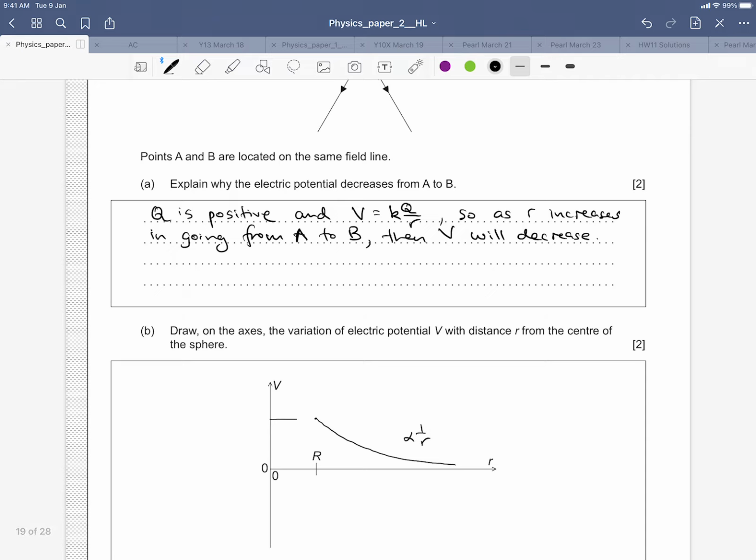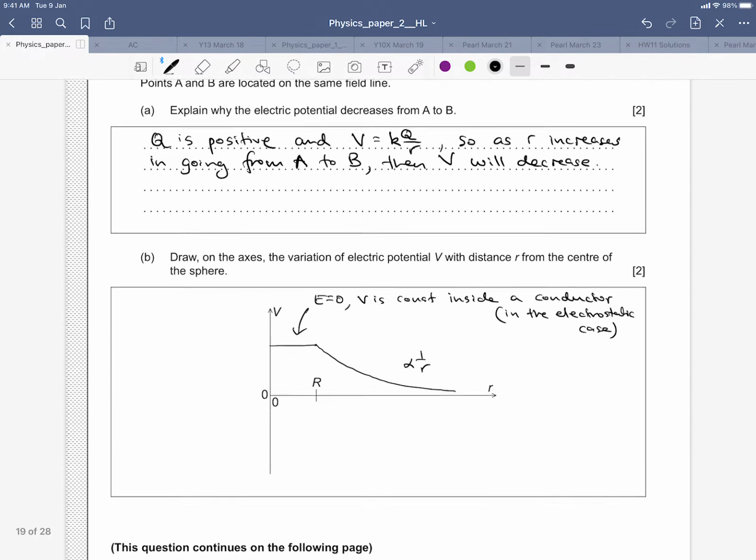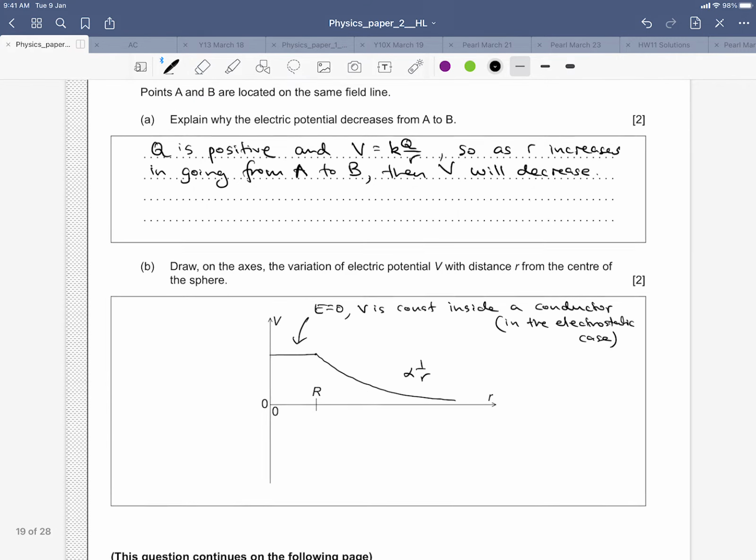So E, the electric field, is 0, and V is constant inside a conductor in the electrostatic case. We don't have any continuous currents flowing through a conductor.